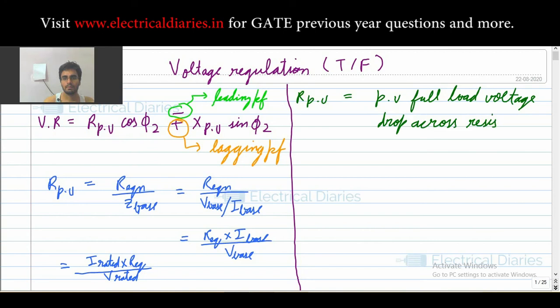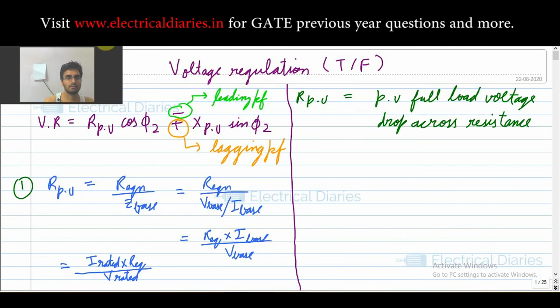Okay, so this is the thing that you should have in your mind. Like that, in some question it is given per unit full load voltage drop across resistance, so it must strike to your mind that the R per unit is given to you. Okay, so this was the first thing.